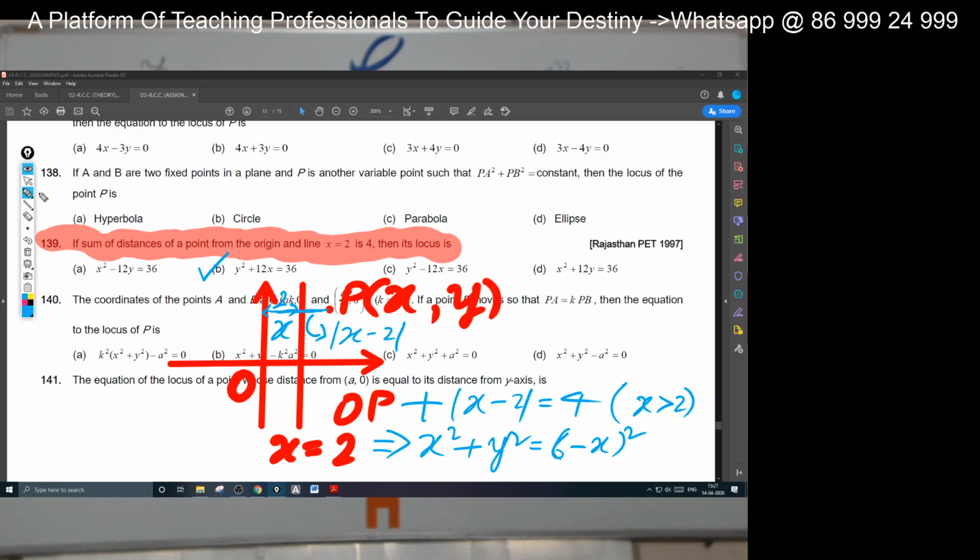Samay sir, is it visible? Arun, is it visible to you? Arun, are you there?